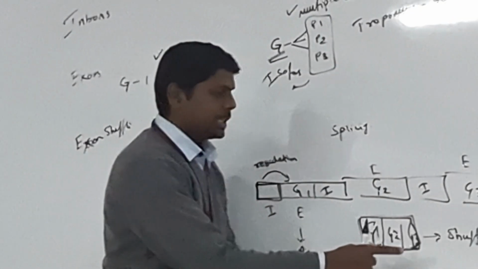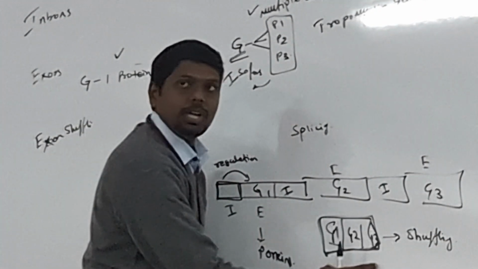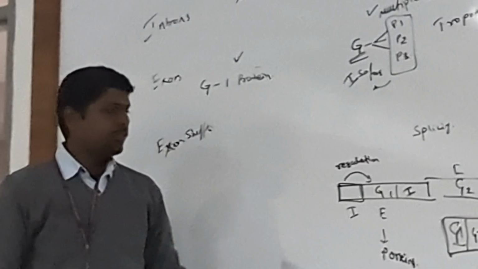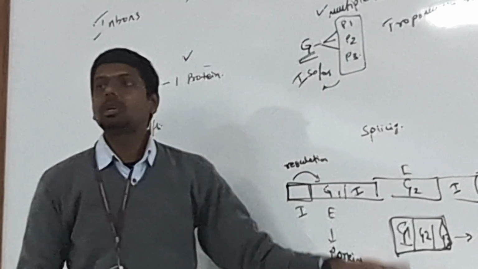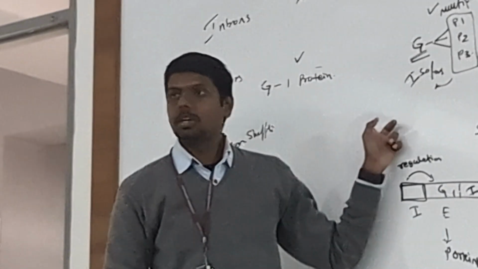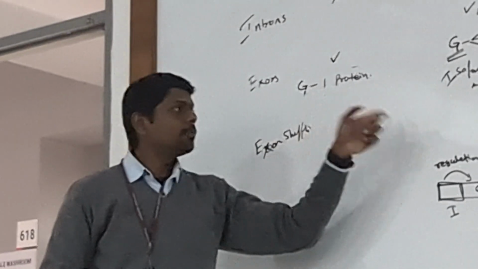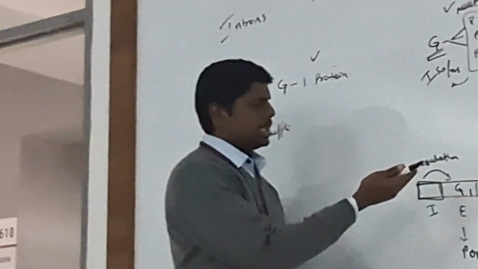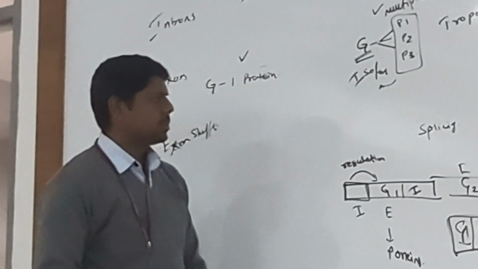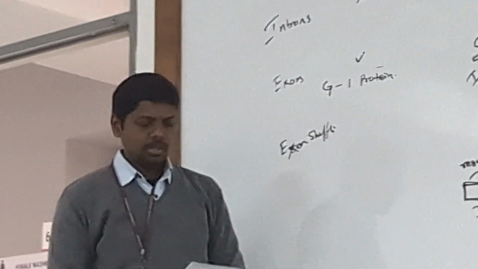Those variations happen because of shuffling of genes after splicing. This gene shuffling is present only in eukaryotes, not in prokaryotes. Prokaryotes are straightforward: one gene, one protein. Also, introns, as I said, go for regulation. So this is all about introns and exons.